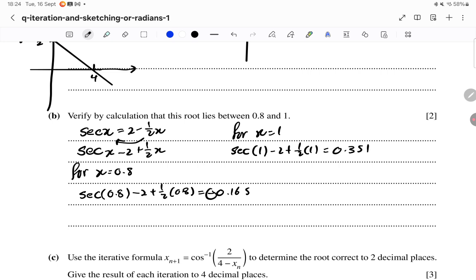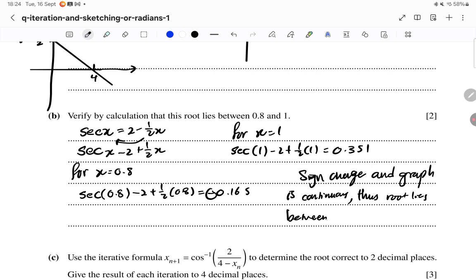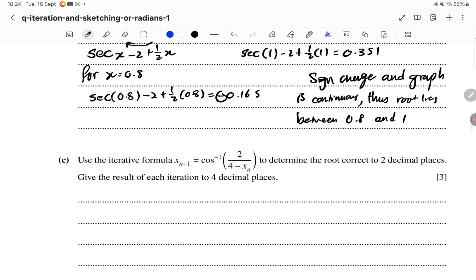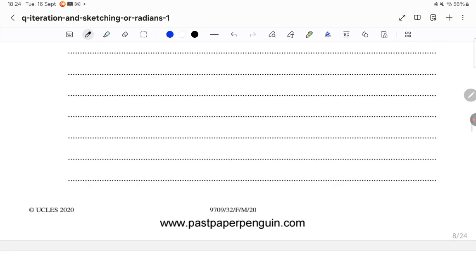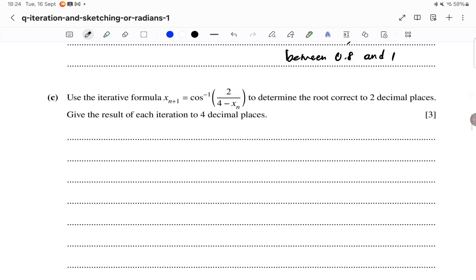So you see there's a sign change, negative to positive, and the graph is continuous. Thus the root lies between 0.8 and 1.